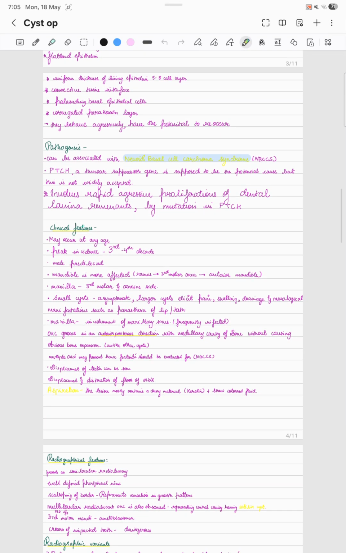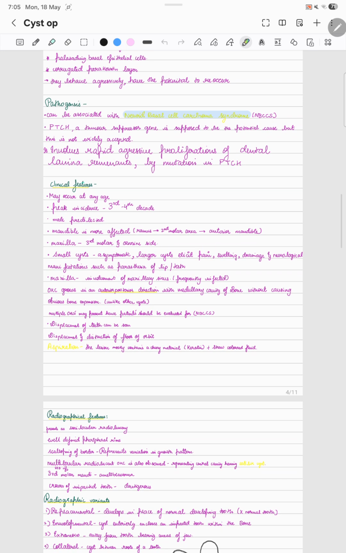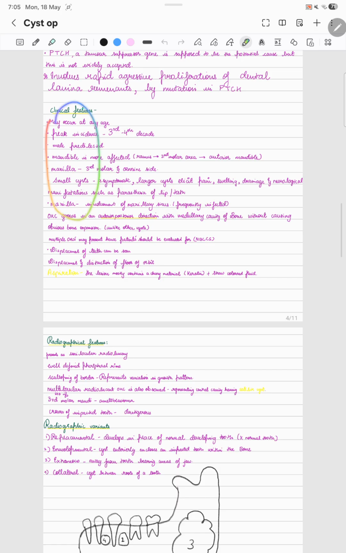It involves rapid aggressive proliferation of dental lamina remnants by mutation in the PTCH gene. So this is actually the main, assumed pathogenesis of this keratocyst.